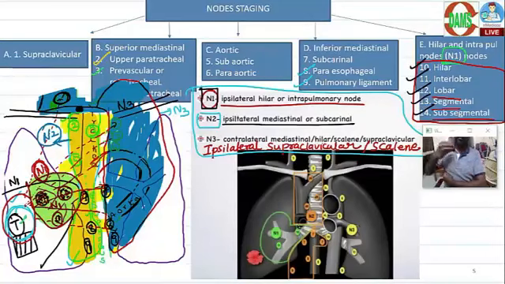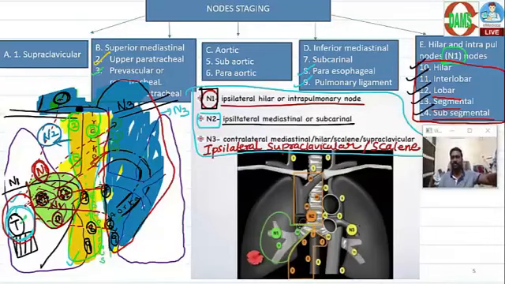If the tumor is here and any supraclavicular lymph node is involved, it is N3. Or on the opposite side, right from supraclavicular to the lowest part, that is subsegmental, if any lymph node is involved, it accounts to N3. Generally N3 indicates the tumor has disseminated significantly.